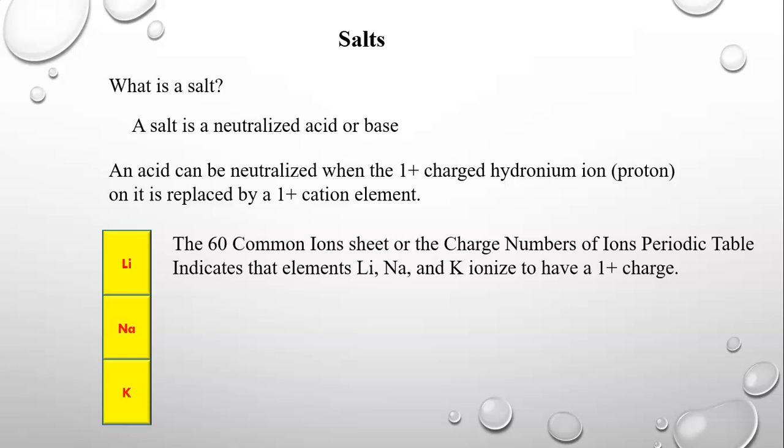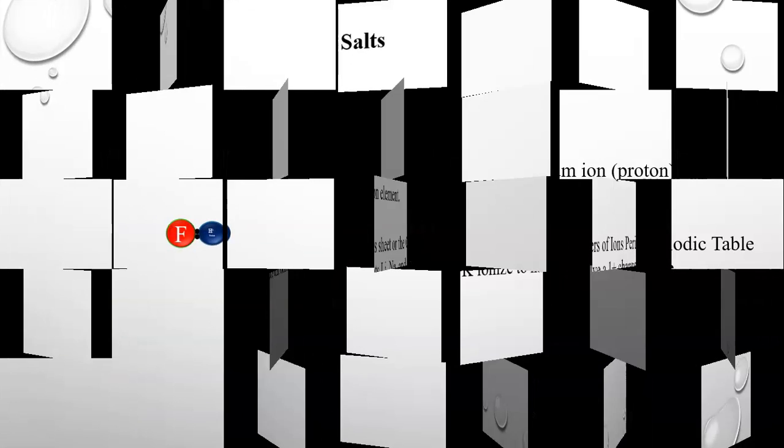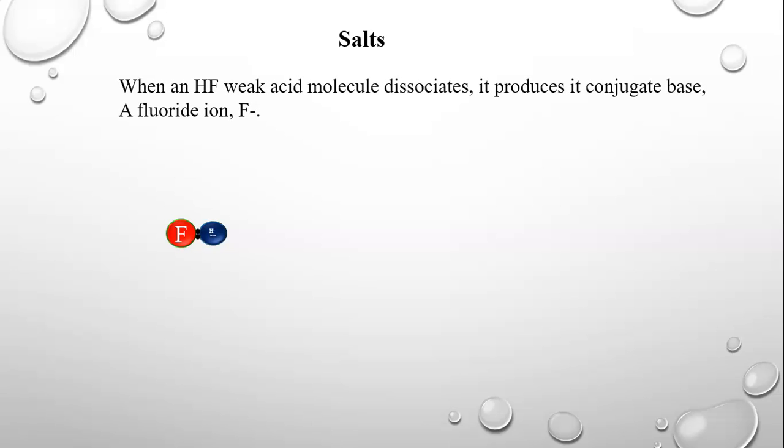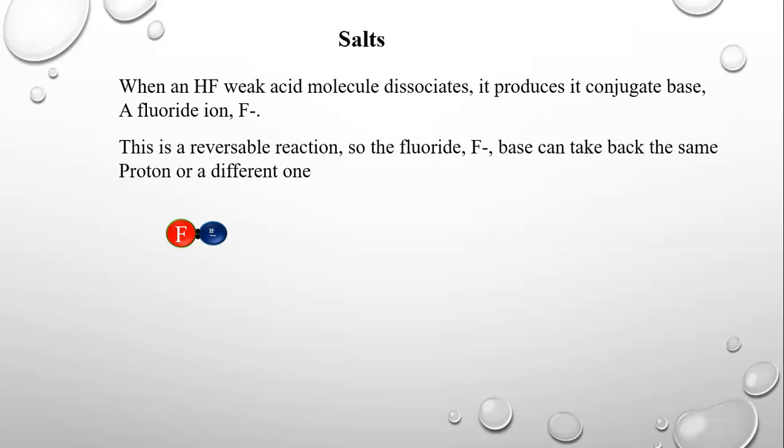It's also the charge on a proton. A proton has a 1 plus charge. So when an HF weak acid molecule dissociates, it produces its conjugate base, a fluoride ion, F-. This is a reversible reaction so that the fluoride F- base can take back the same proton or a different one.